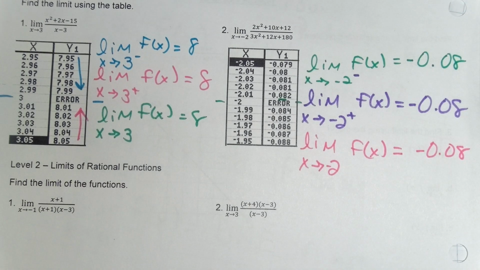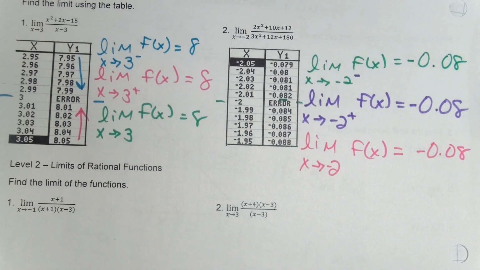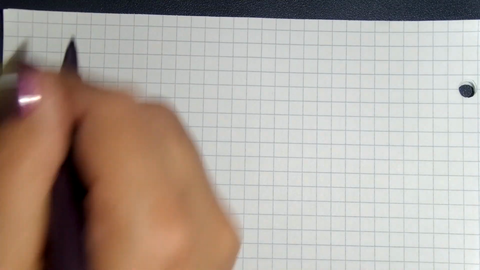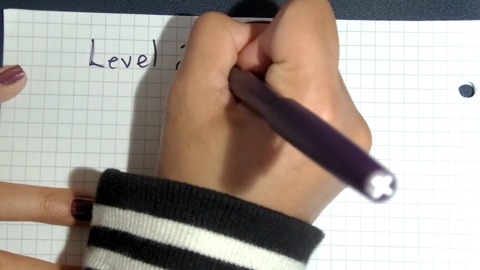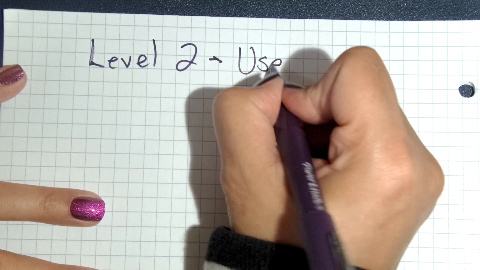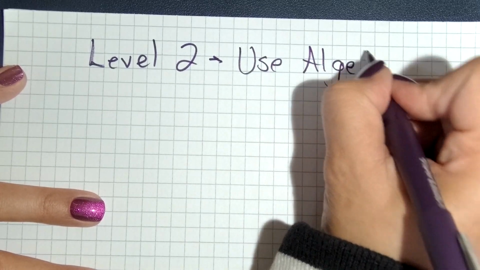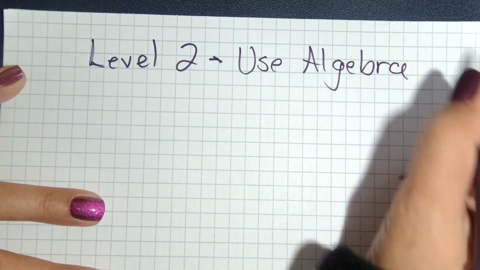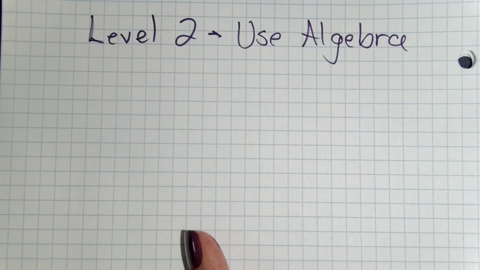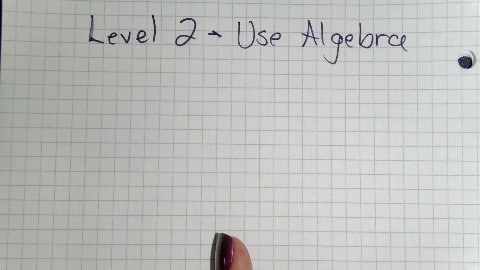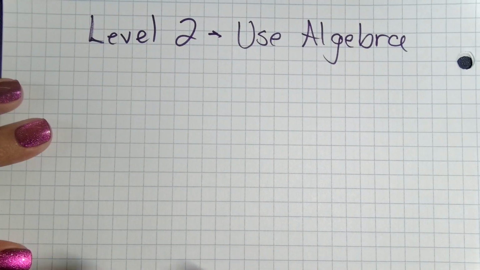Daniel? Okay. All right. Level 2 now. We're going to use algebra. But guess what? Level 2 is just like that last example we had.